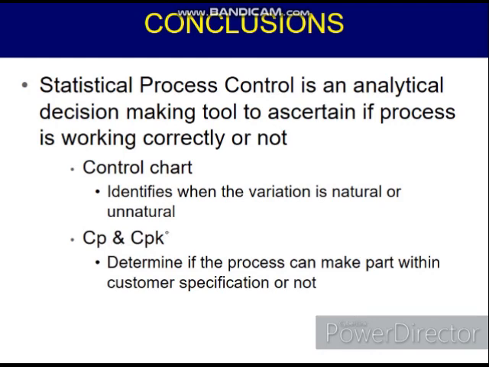And CPK is a better capability index, which will take into account the shift in the center of the process with respect to the center of the spec. It determines if the process can make parts within customer specification or not. So the control chart is the voice of the process. CP and CPK will check if the process is able to meet the customer specification or not. Okay, so that's the end of this particular chapter on SPC.